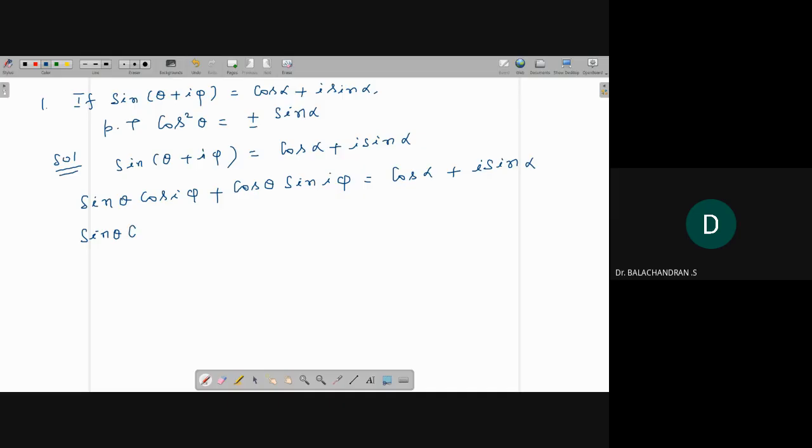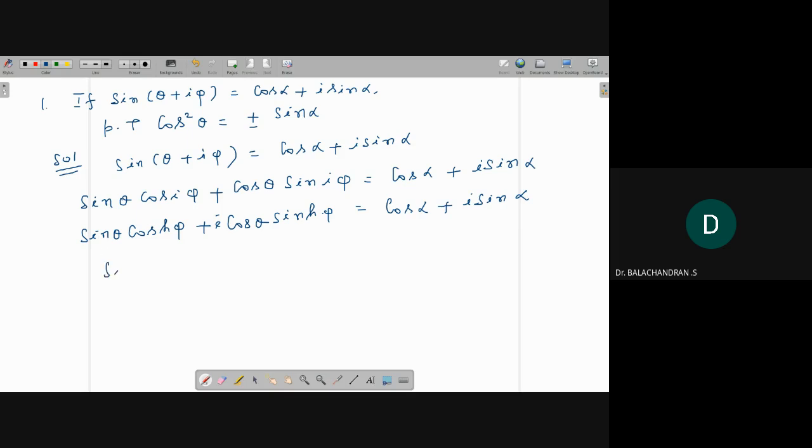So you can write sin theta into cos i phi. Cos i phi is cosh phi, plus cos theta sin i phi is i sinh phi, equal to cos alpha plus i sin alpha. So now compare the real and imaginary parts. What is the real part?